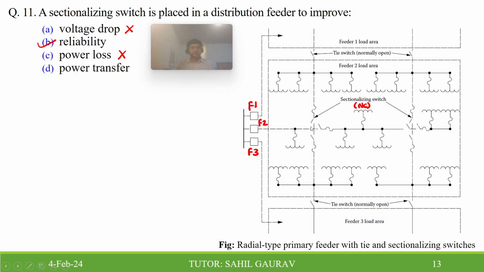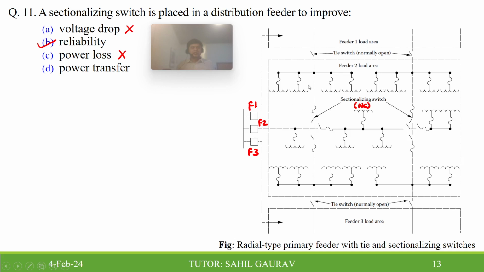So we can understand the work from this diagram. Sectionalizing switches are normally closed type, and they should open when a fault happens in that section, lateral or sublateral, so that other parts remain supplied with power from that feeder. So this is the work of a sectionalizing switch.